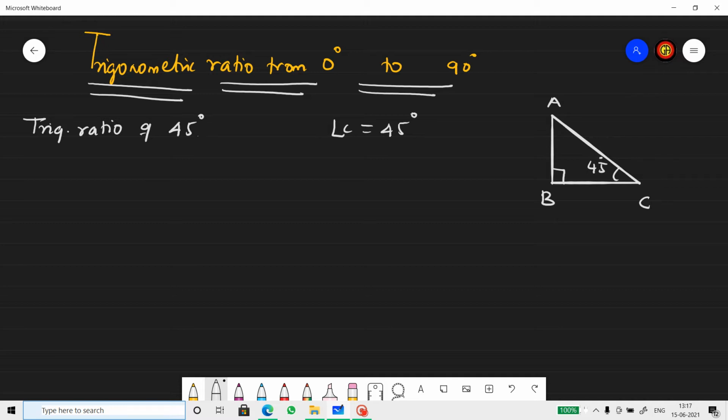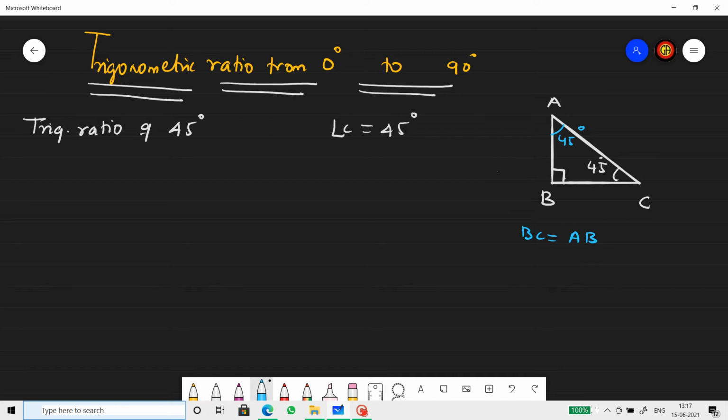Now in a right angle triangle, if B is 90 degrees, C is 45, using angle sum property, I get A also as 45, isn't it? And if two angles of the triangle are equal, then the sides opposite to the angles are also equal, right or not? So BC equals AB because angle C and angle A are equal.